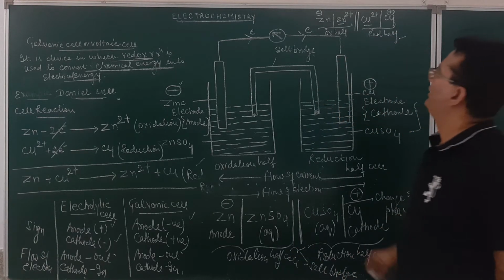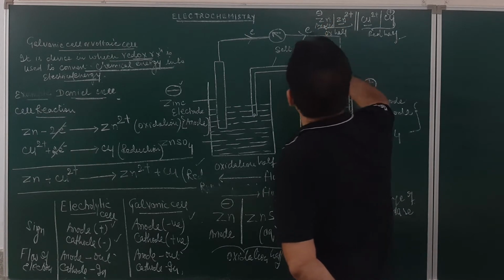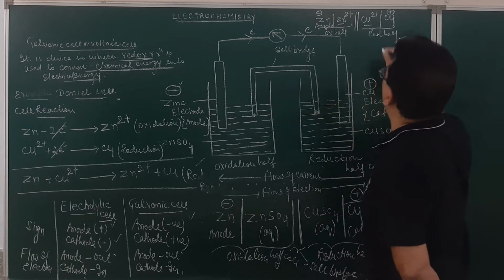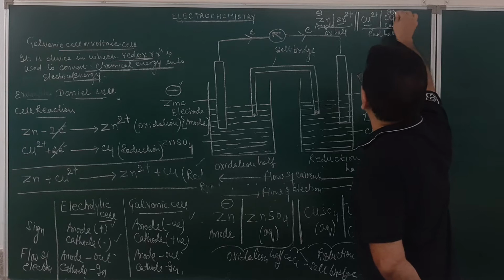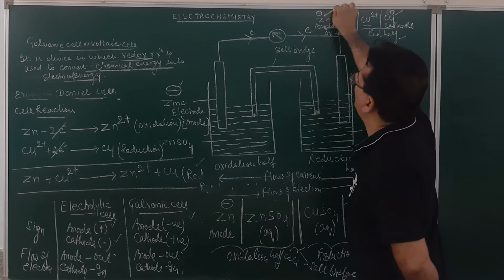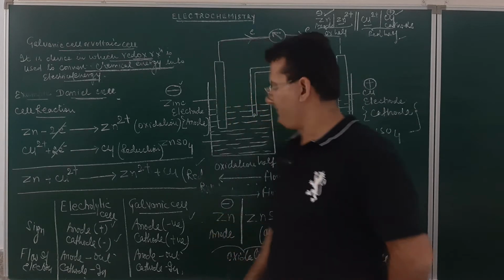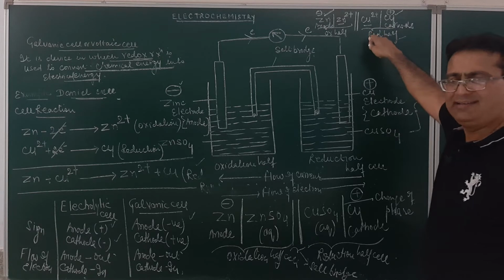Am I clear? Copper will be positive, zinc will be negative. The flow of current will be from zinc towards the copper. So either we represent the cell in this manner or in this manner.